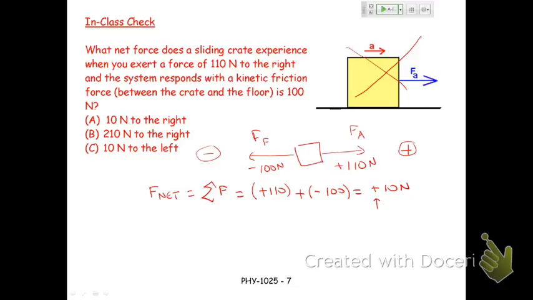That plus sign means to the right, because it's at the right-hand end of my road. So that would be A, 10 newtons to the right. 10 newtons to the left would need a bigger frictional force, and you can't actually have a bigger frictional force than that, so not so bad.